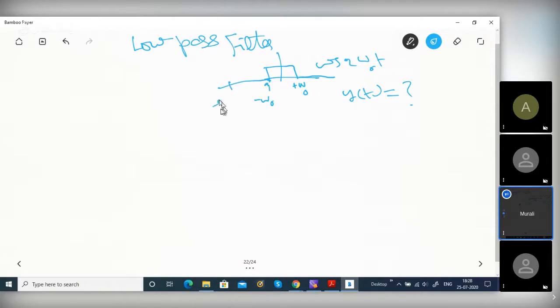This is the frequency domain, with omega as the frequency axis. If I give cos 2 omega naught t as the input to this filter, what will be the output? Sorry, I have not covered it, but since you have studied it, try to recollect how a filter works.